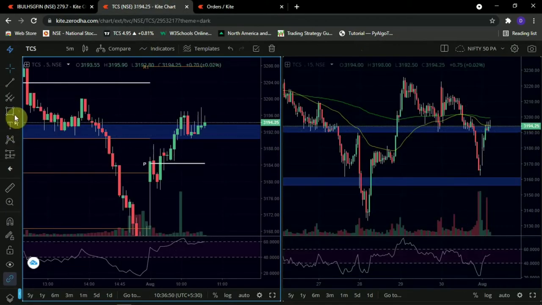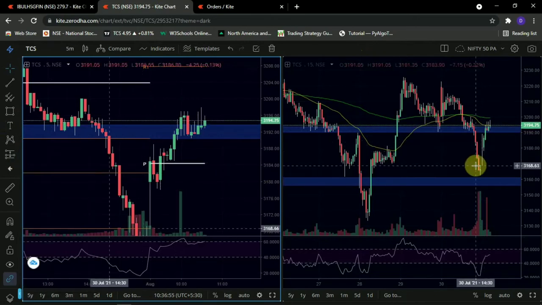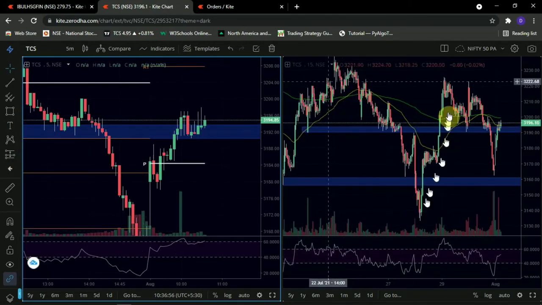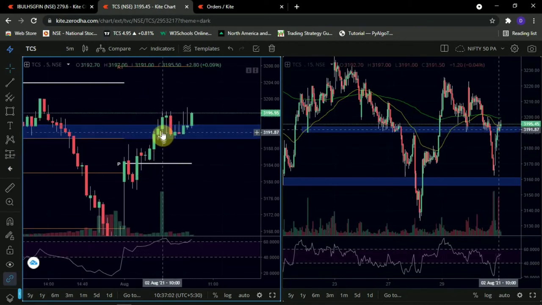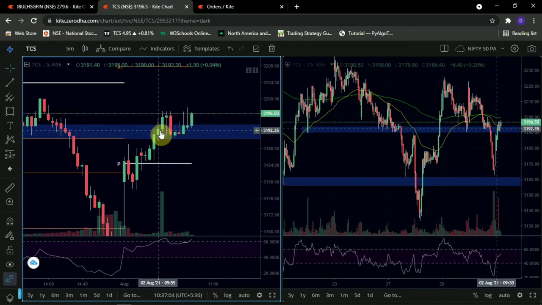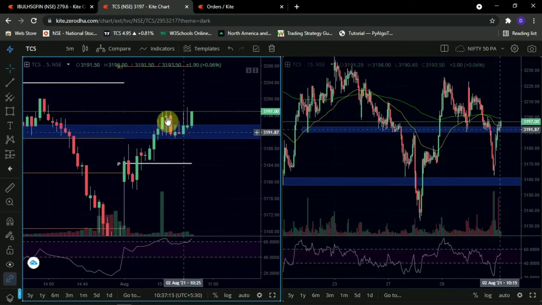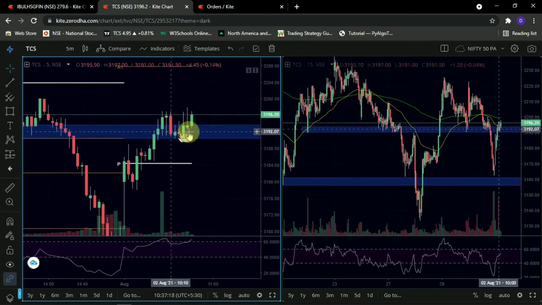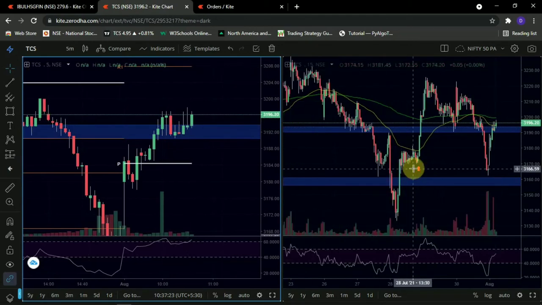So I'm seeing the logic here. This was the important level, and when the price reached this point, it gave a huge volume. The buyers exited the position at this candle, and it took a correction. This is a level of correction. Then it started to move upside, and also you can see this was a 50 EMA.